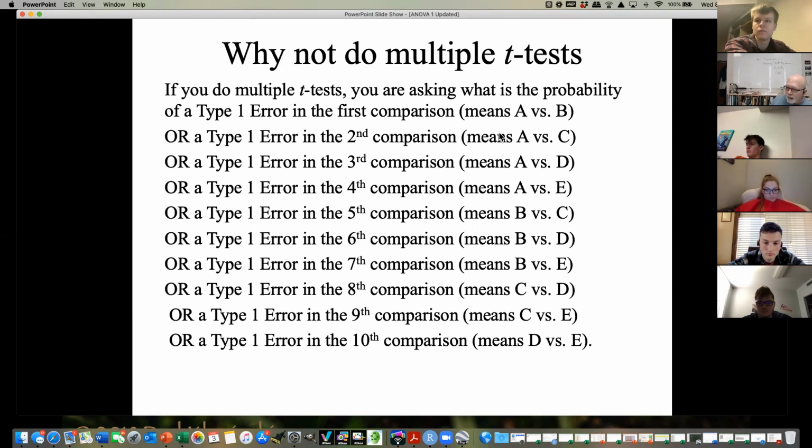Each of these comparisons has a 0.05 type 1 error rate. And so if we take 0.05 and multiply it times 10, our type 1 error rate for all of those combined comparisons is now 0.5. So across the entire experiment, we have a 50% chance of making a type 1 error.